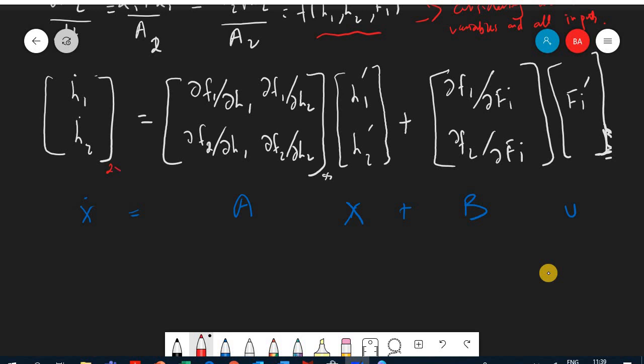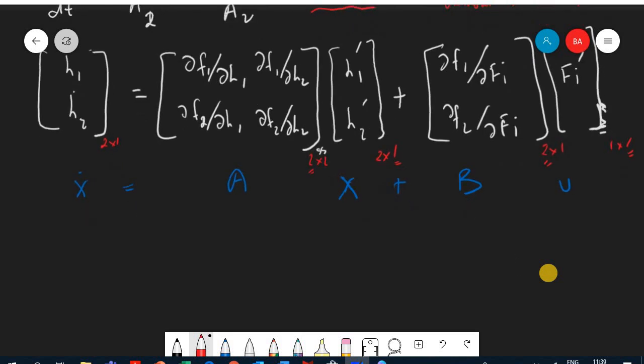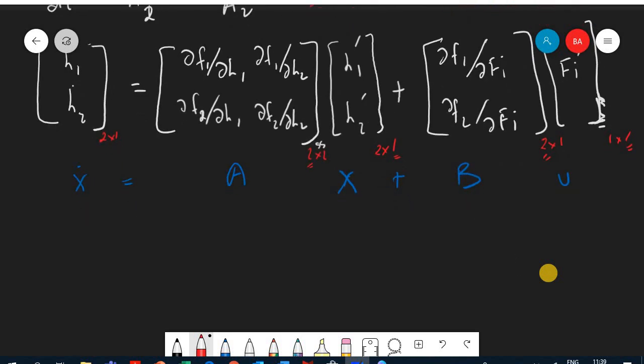So this is 2 by 1, and the second one is 2 by 2 into 2 by 1. So the answer is 2 by 1, right? And here it is 2 by 1 into 1 by 1. The answer is also 2 by 1. So you can see that everything is fair and good here. And actually we are already ready here.